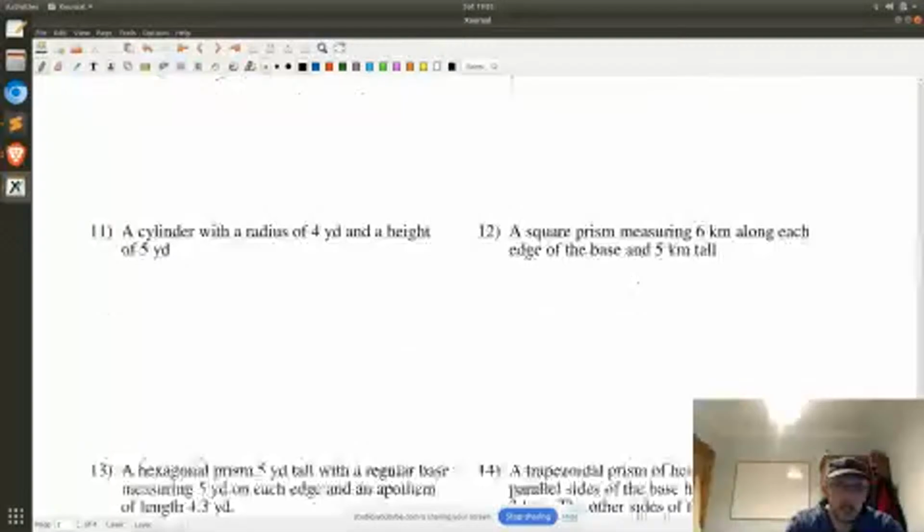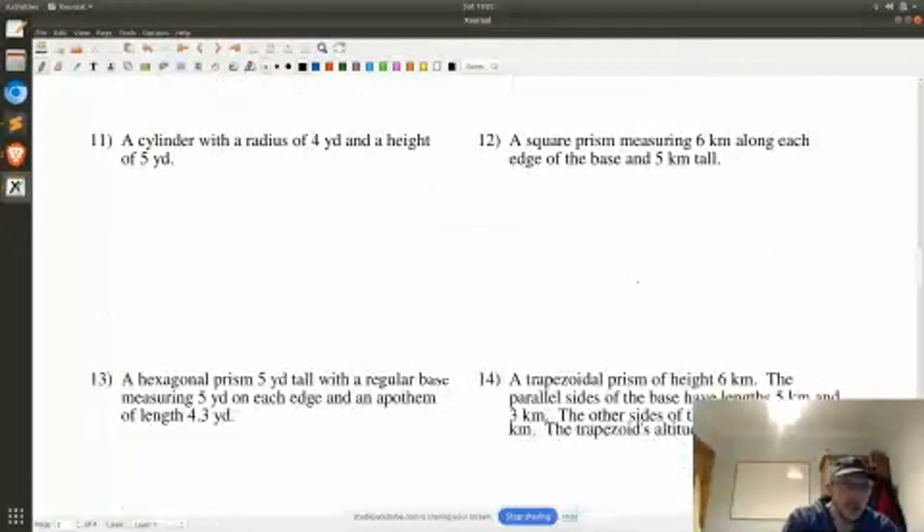A cylinder with a radius of 4 yards and a height of 5 yards. So if it has a radius of 4 yards, do pi r squared.